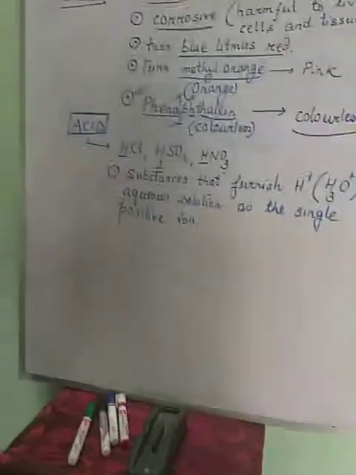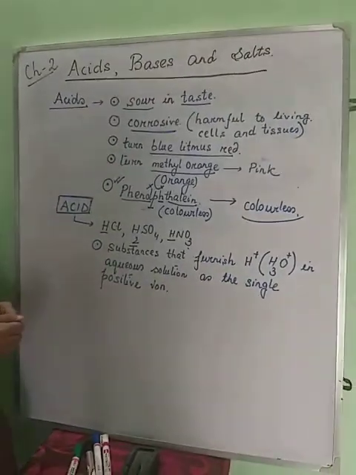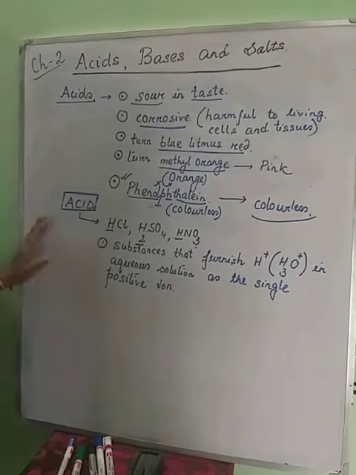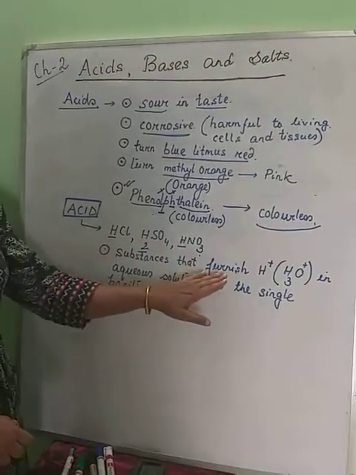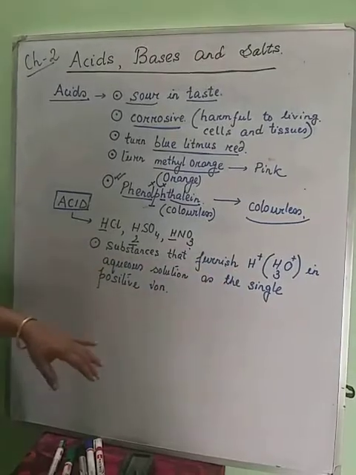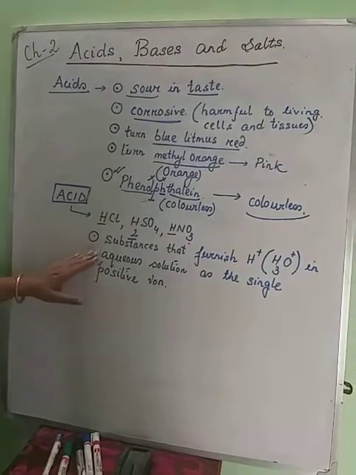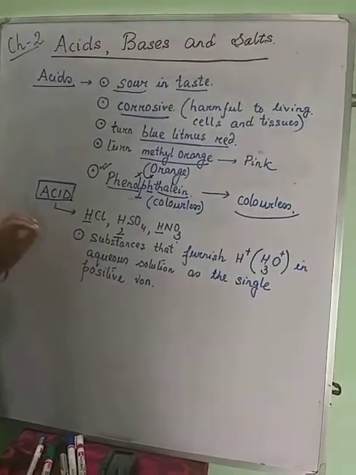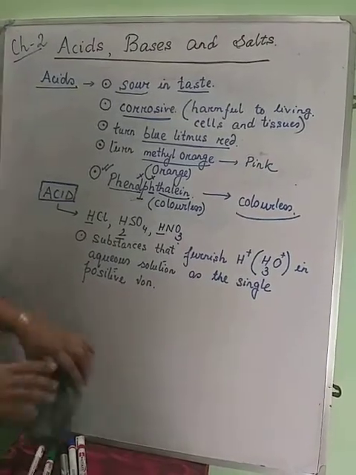Let's see what is the meaning of this. I told you acids are the substances that are able to release hydrogen ion or hydronium ion in aqueous solution as the single positive ion.